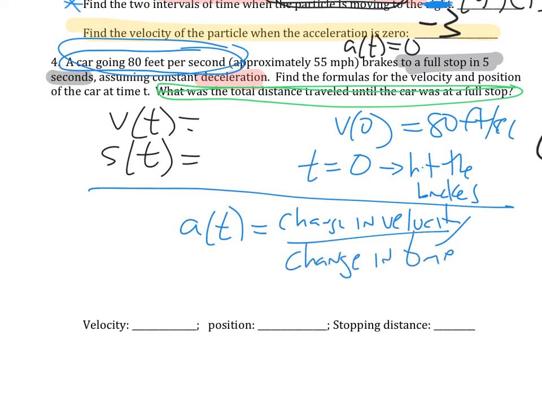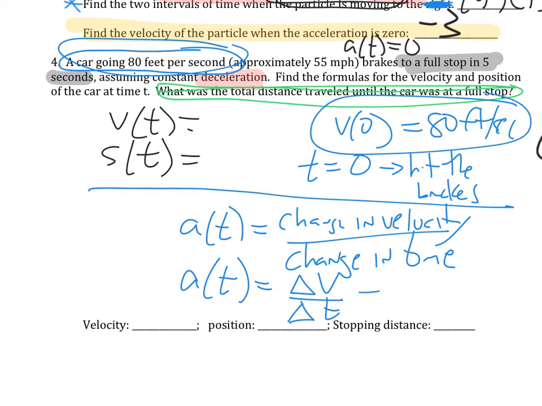The acceleration, a of t, equals the change in velocity, delta v, over the change in time. So in this particular problem, it says that the car is going 80 and then it's stopping. So it's basically going from 80 down to 0. So we're going to say that the velocity goes from 80 to 0.